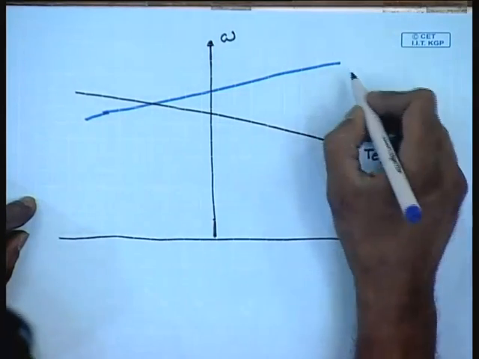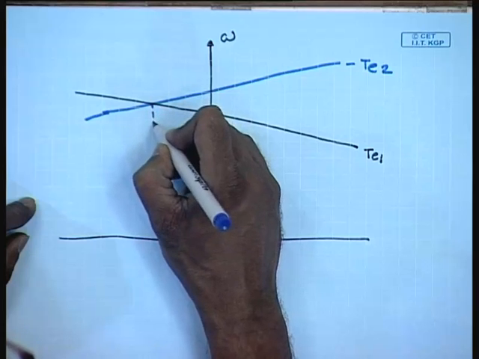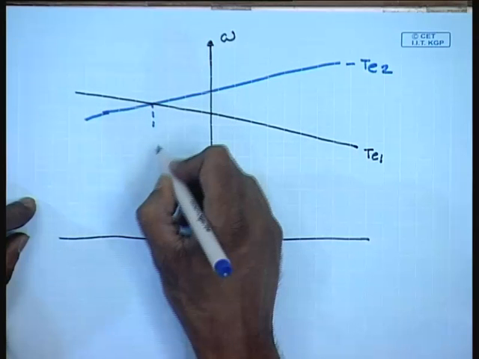We find that this is minus Te2, and we find that the operating point is here.